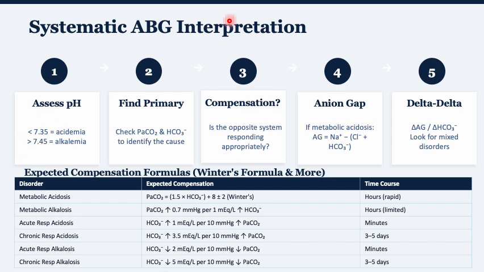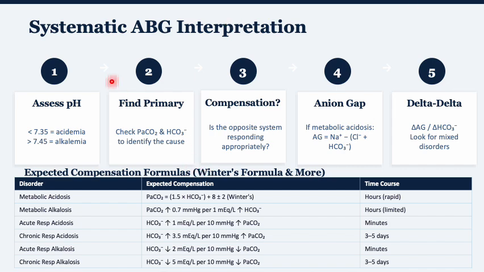So this slide discusses the interpretation of an ABG. If you have a patient that's acidotic, or if you have a patient that's on a ventilator, a lot of times you're going to get these serial ABGs, usually daily, but if the patient is really sick, you may get these ABGs anytime you make any adjustments to the ventilator.